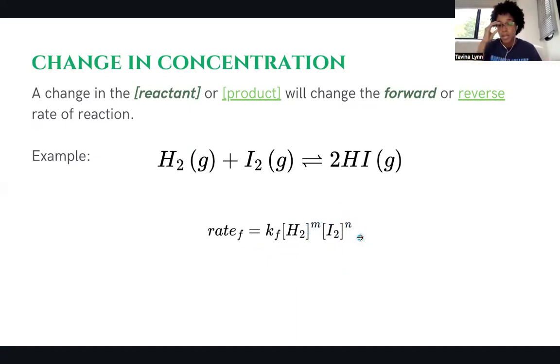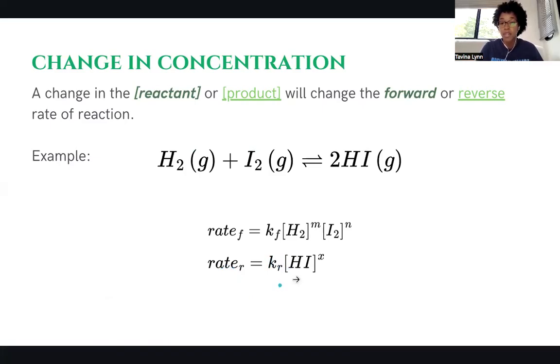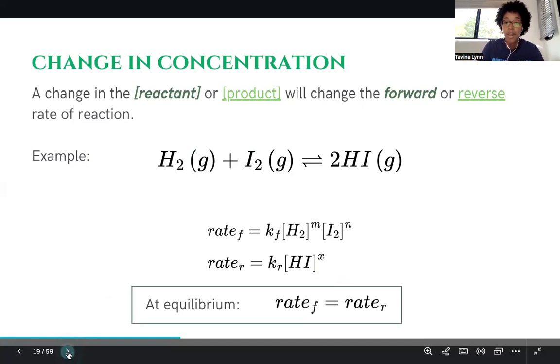So I'm just going to write a variable because we don't know what they are. The rate law for the reverse reaction, where we reverse our products and reactants, is k sub R, for reverse, times hydrogen iodide raised to some coefficient. These are our two rates, and at equilibrium, both of these rates are equal.